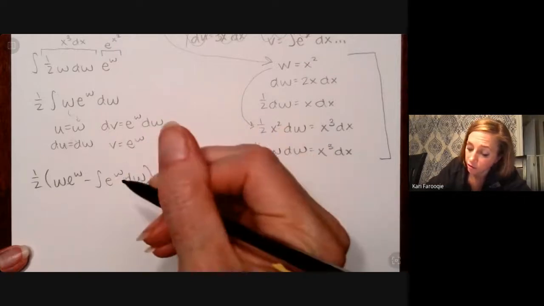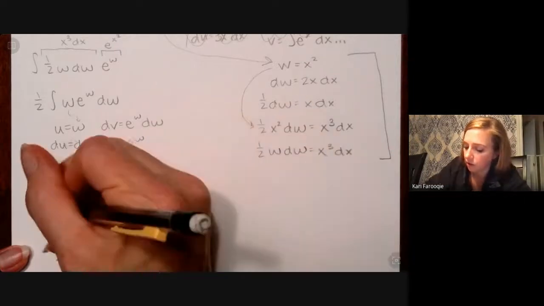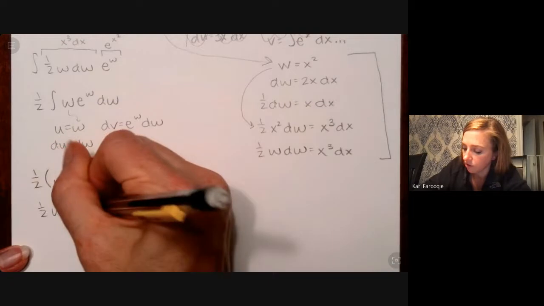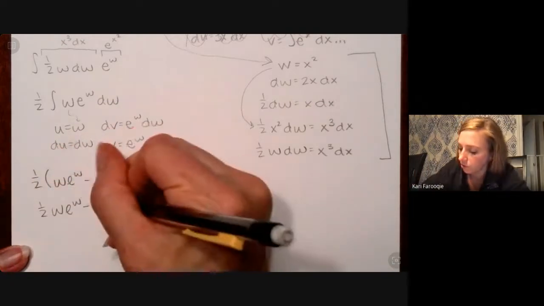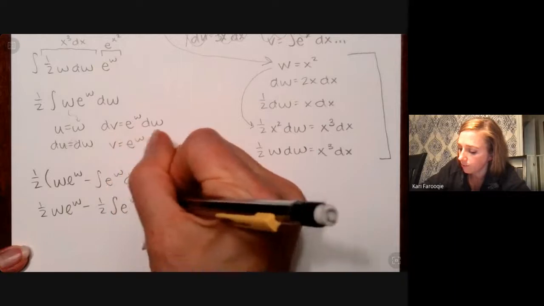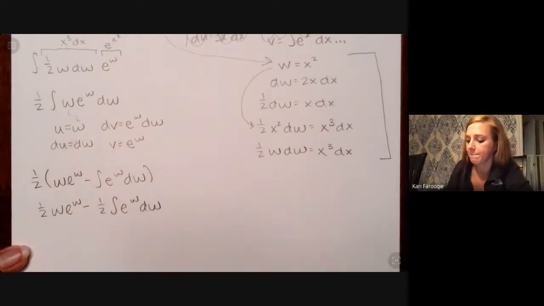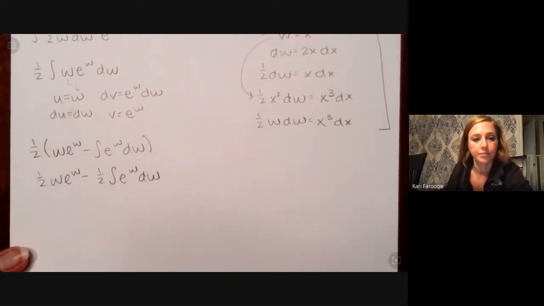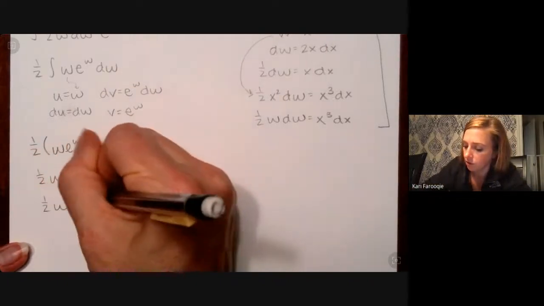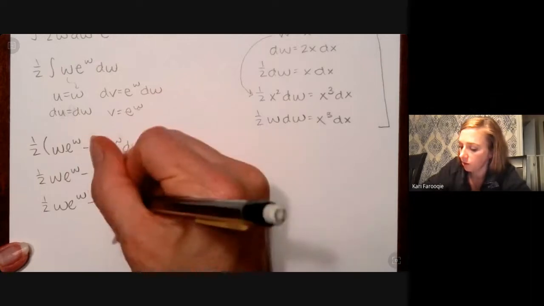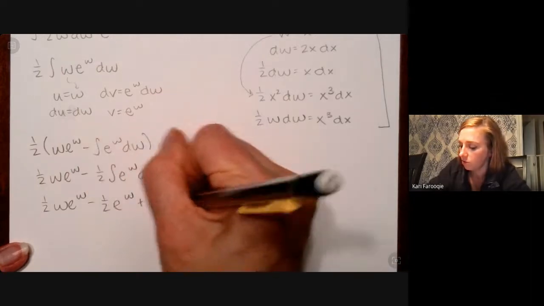If you want to distribute that 1/2, you can. Personally, I like to have all the terms separated without having to worry about that. So I'm going to go ahead and distribute mine in. And then I have 1/2 w e to the w minus 1/2 e to the w plus c.